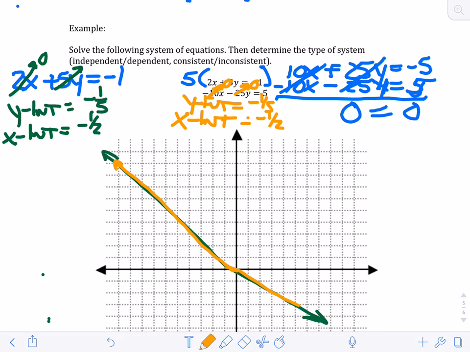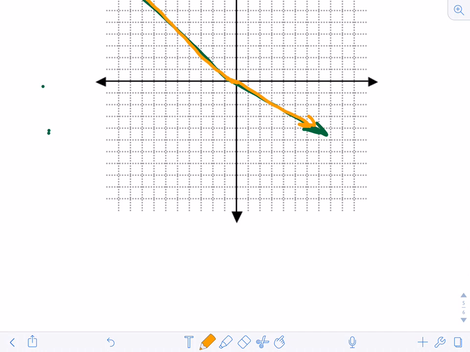But since they have the same x and y intercept, then those two lines must be the same. So this is what we call consistent, and this is going to be dependent.